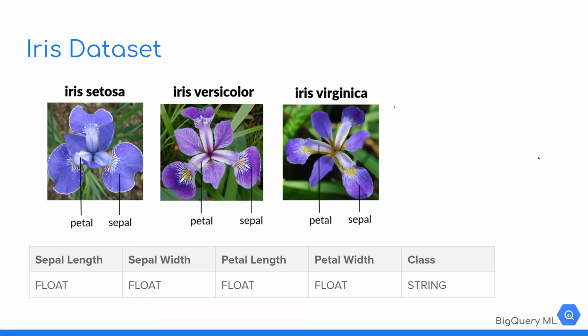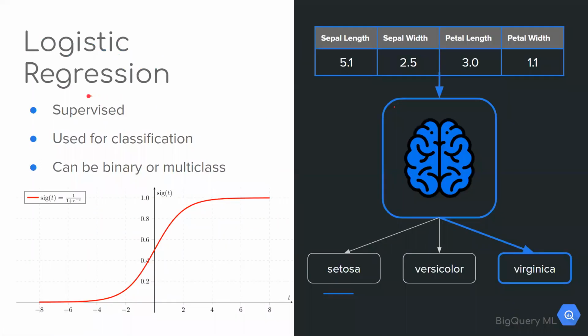So to do that, we are going to use a method called logistic regression. Logistic regression is a machine learning method that we use as a supervised learning method, and we use it for classification problems. It can be binary classification or multi-class as well. Binary classification means you are either predicting 1 or 0.